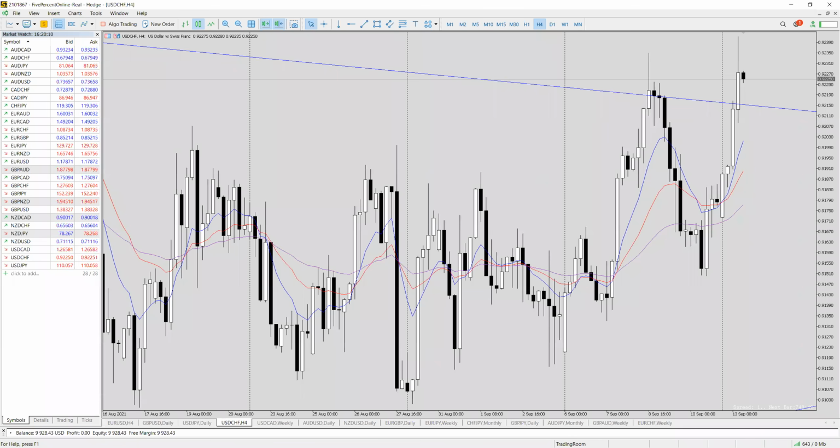The entry could be, let's say it goes here, and then we have another candle here and even another one here. Preferably I would enter just above the candle, depending what kind of candle it is, once the price goes above the retest candle.